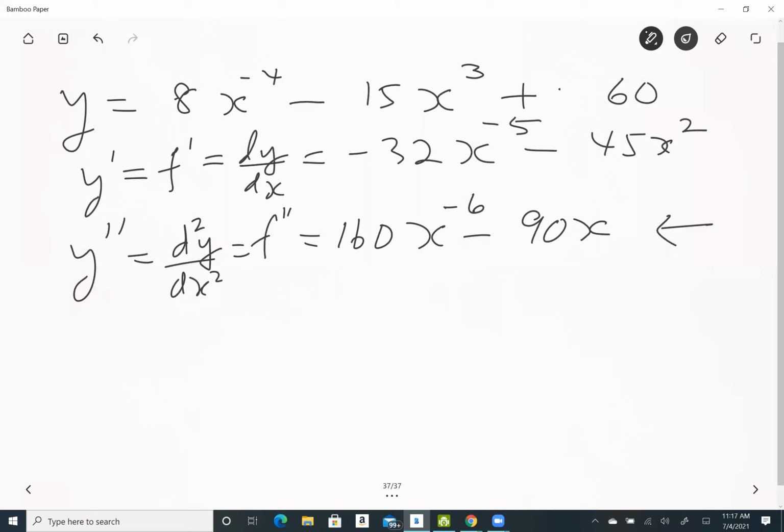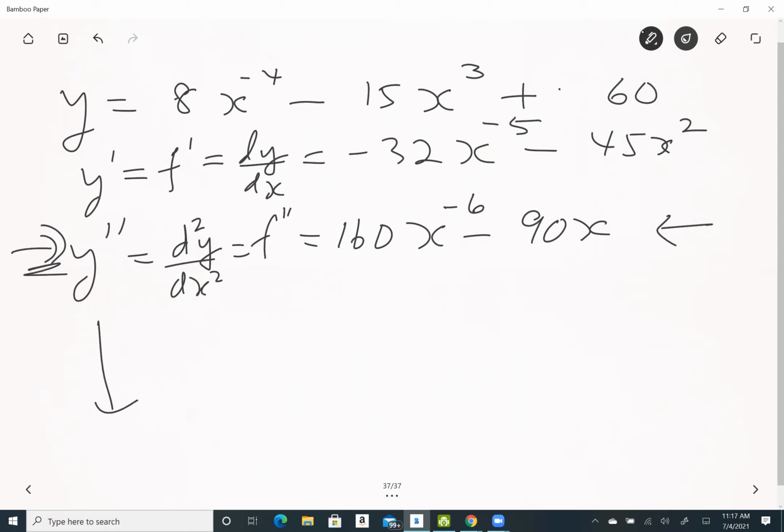Will there be an end to the story? No, there will be no ending, because the exponent is negative. It continues to be negative: -7, -8, -9. You still can do the derivative. So for this function, you can continue to do it, there is no stopping. But we do up to here.